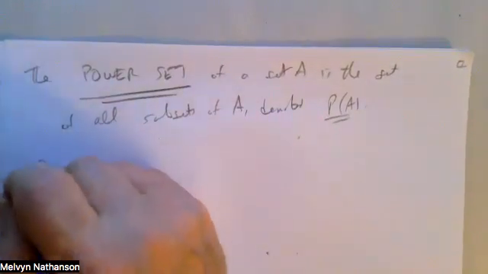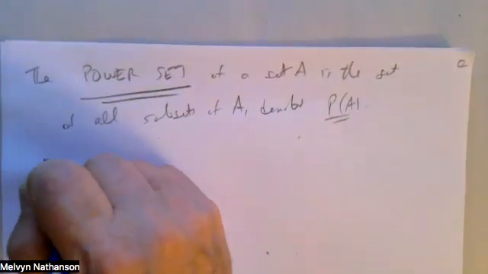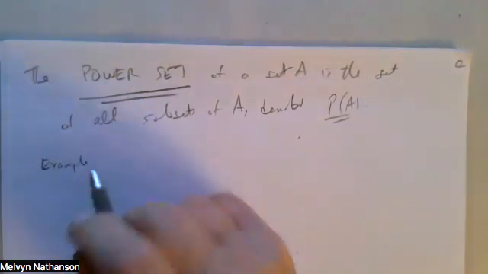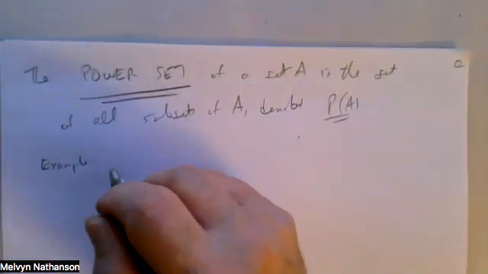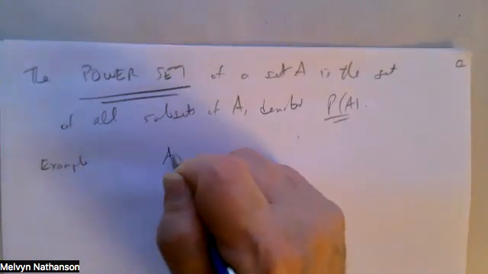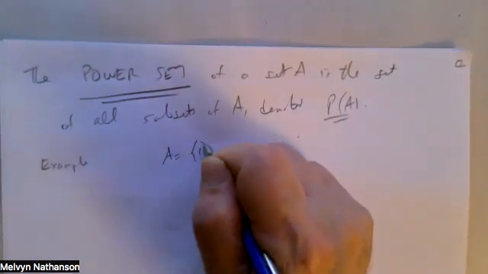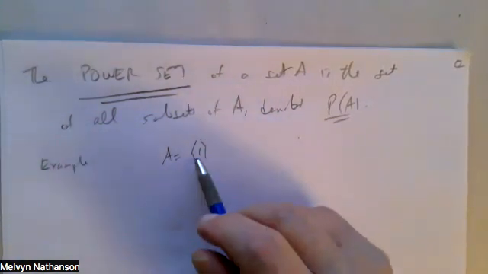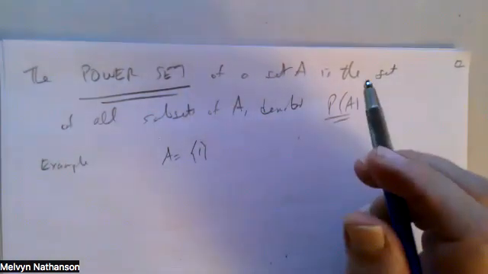So let's look at some examples. Suppose I take A to be the set that just consists of one element, let's say the number 1. So what are the subsets of A?